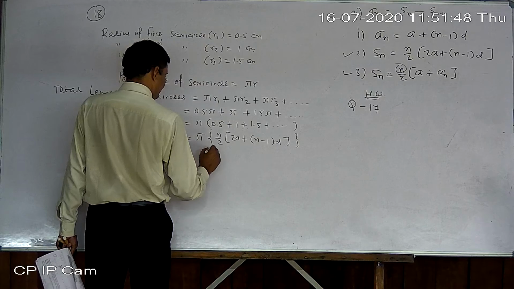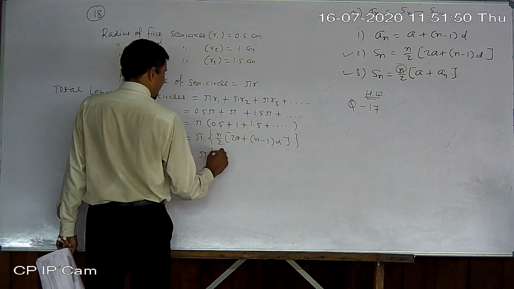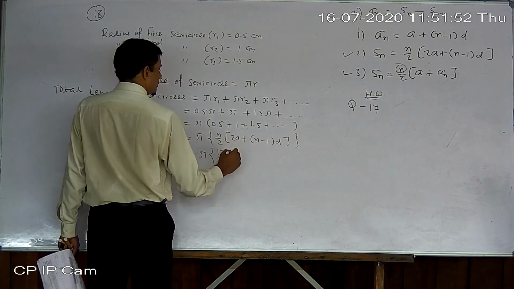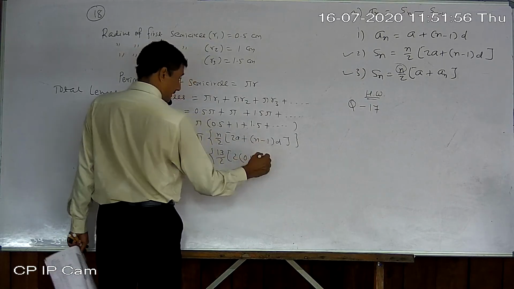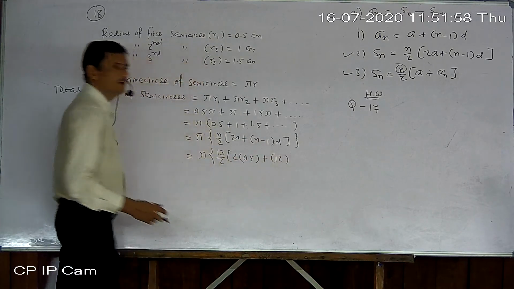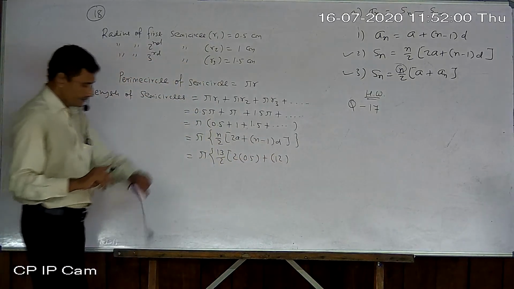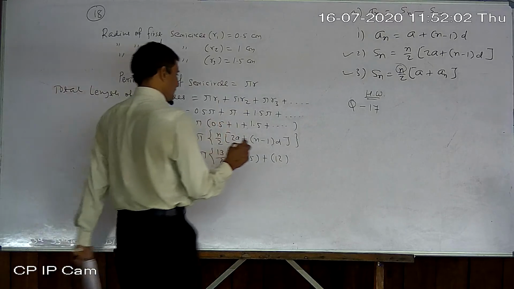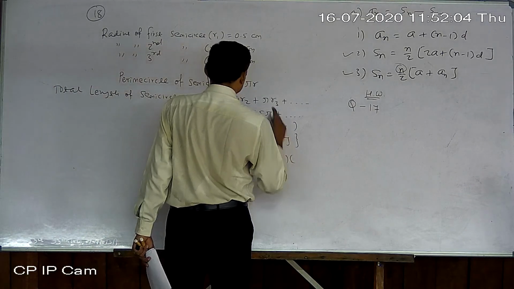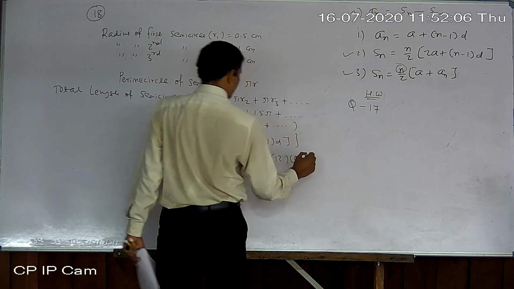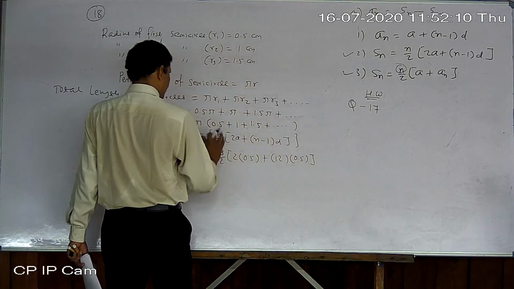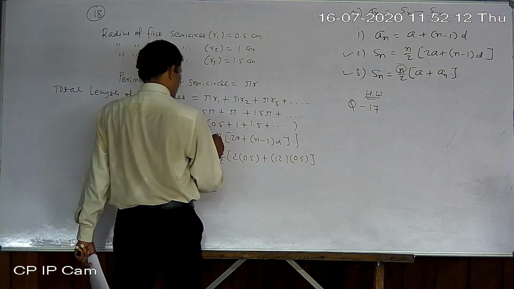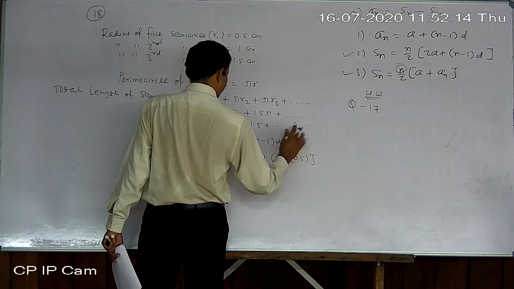Now pi, n means 13 by 2, a is 0.5, plus n minus 1, 12, into d. D is given 0.5. Now there is no need of that bracket.